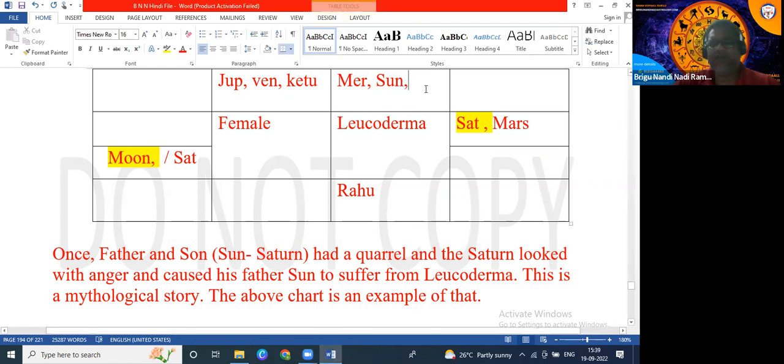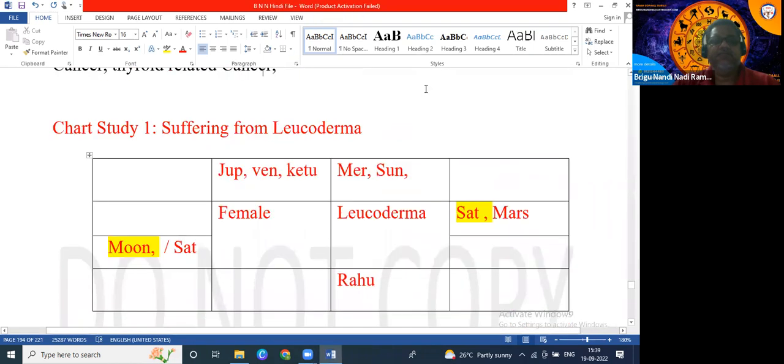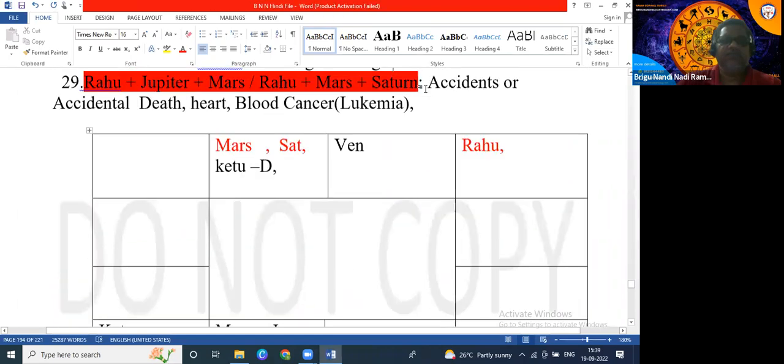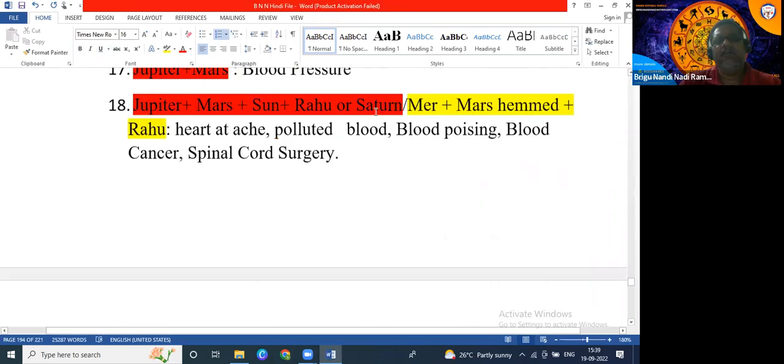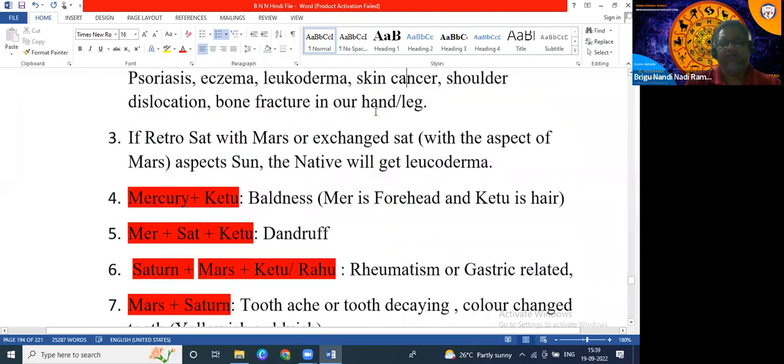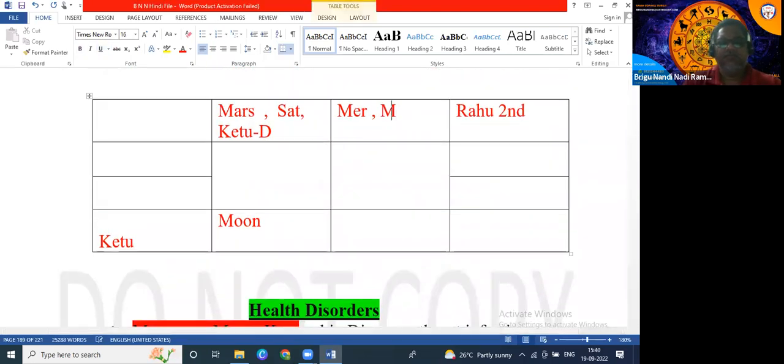I will show you an example. Suppose here, for example, the Moon is here. Moon is mother, Mercury is skin. So here Moon and Mercury both are embedded in between Rahu and Mars, in between two enemies.